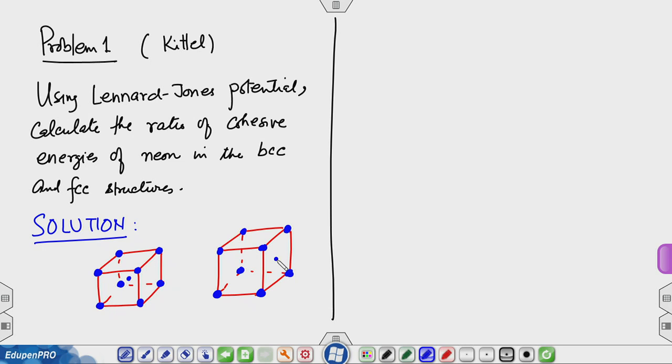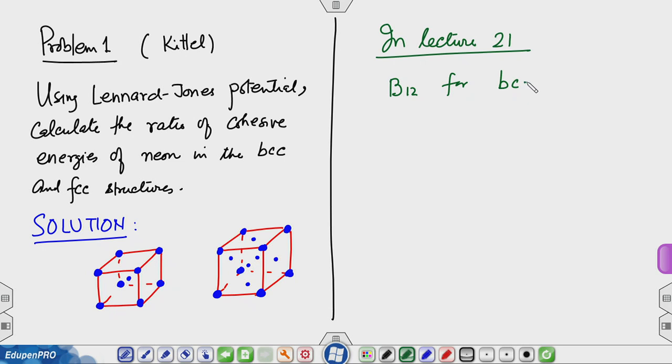And the other atoms are on these faces. Already in lecture 21, I have given you the lattice sums. So, in lecture 21, we had calculated B12 for BCC.